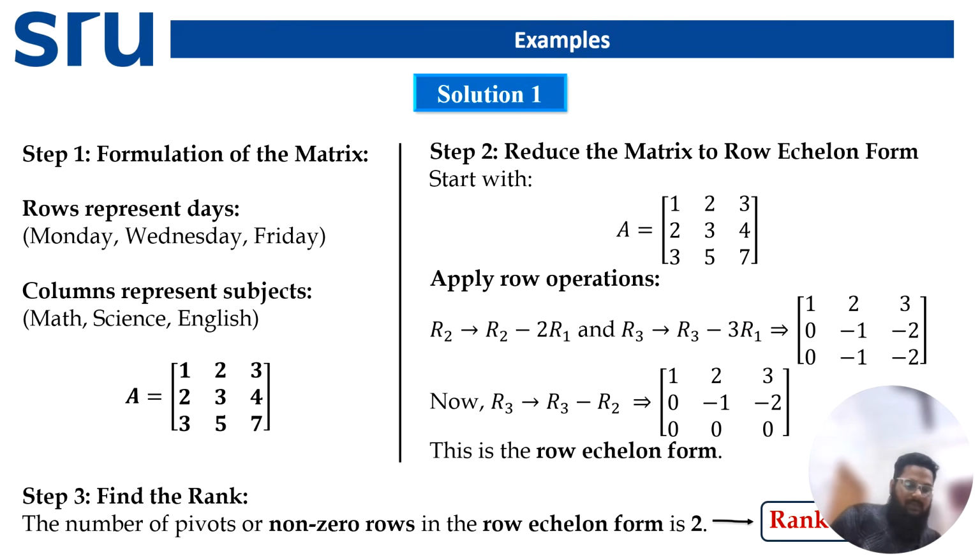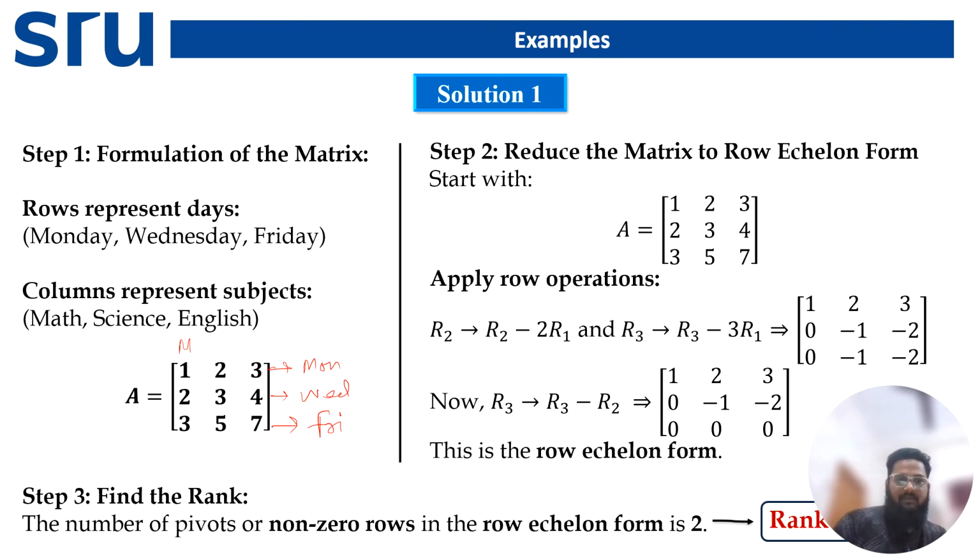So if you see, according to the given data, this is the matrix we can formulate. Because if we write here, the rows are representing the days. So if the first row is Monday, the second row is Wednesday, and the third row is Friday, and the columns are representing the subjects.